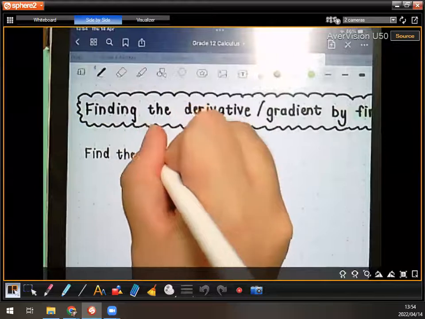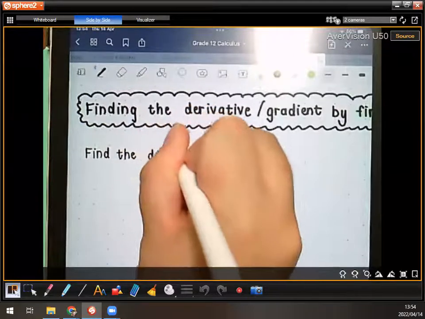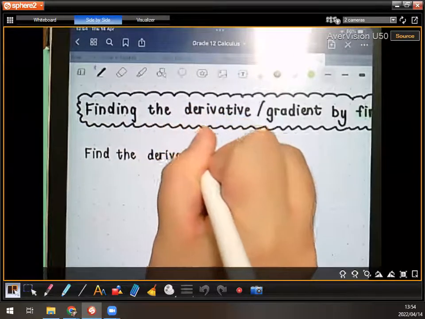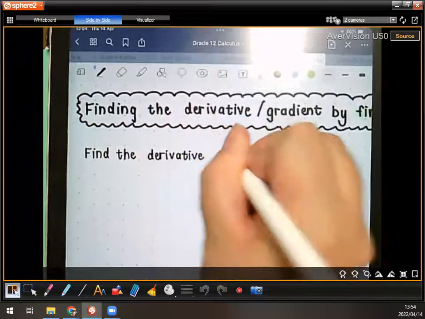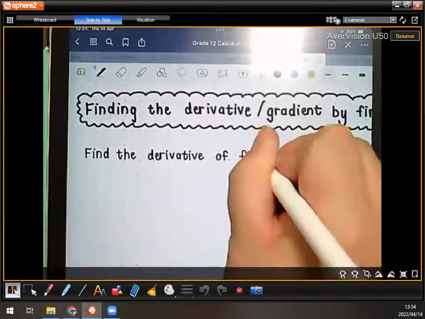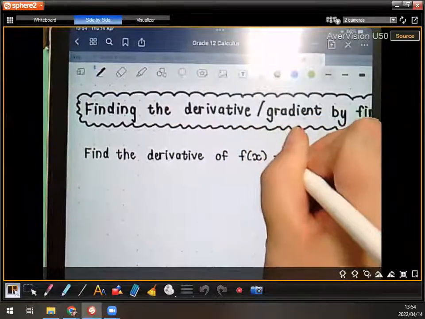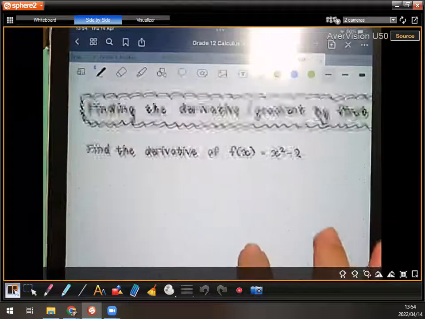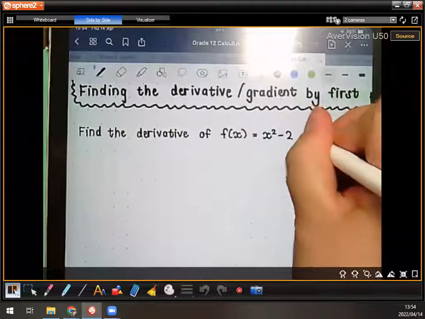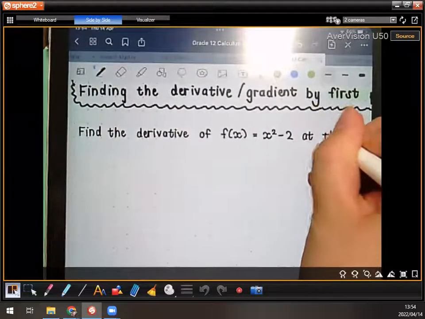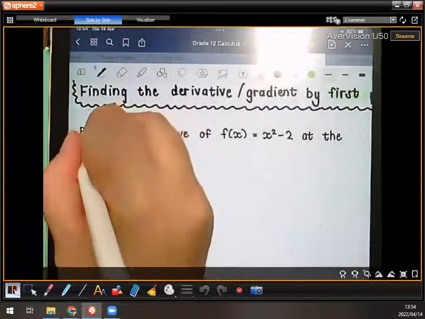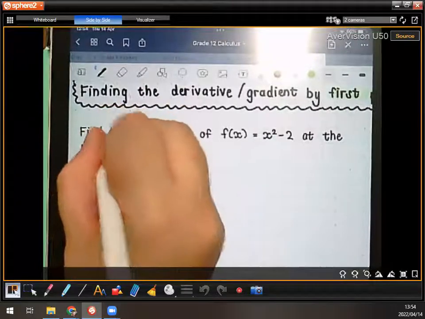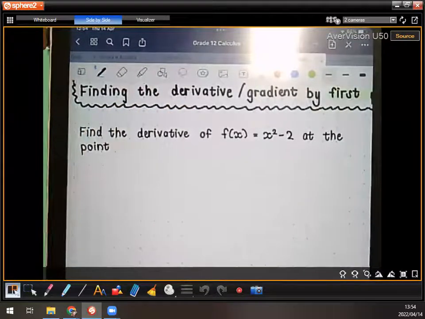Find the derivative of f of x equals x squared minus 2 at the point 1, negative 1, by first principles.